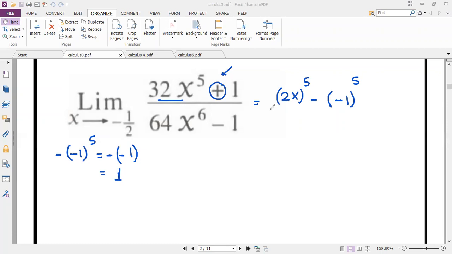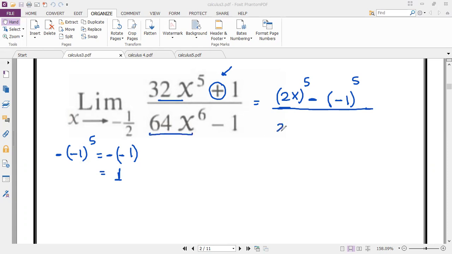So I rewrite it as negative, because this negative is a must to use the law. And I wrote 1 here as negative 1 to the power of 5. I didn't change any of the values at the top. And down here, you write 64x to the power of 6.